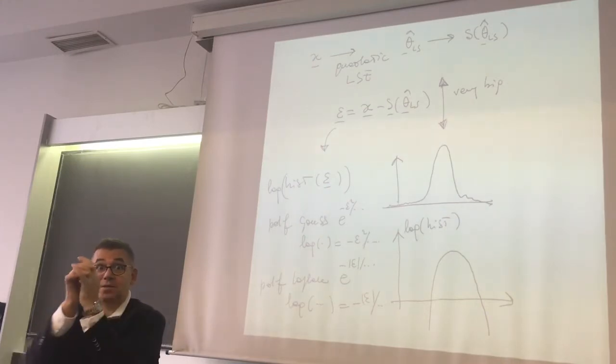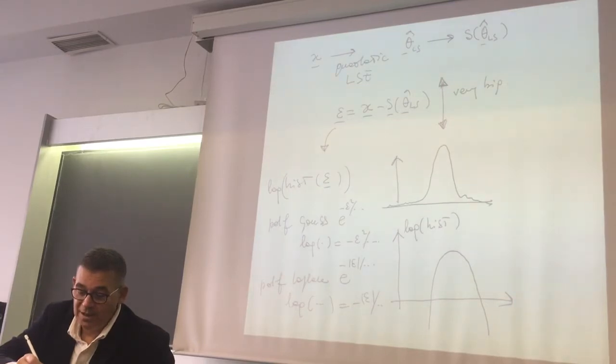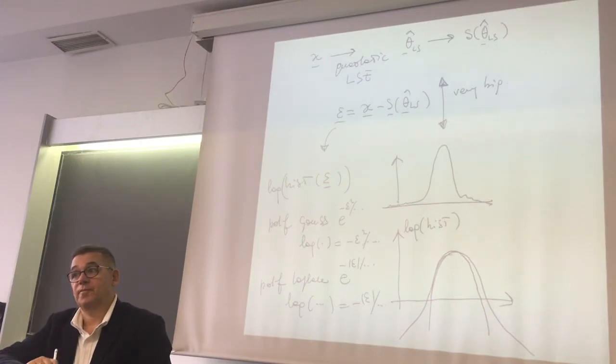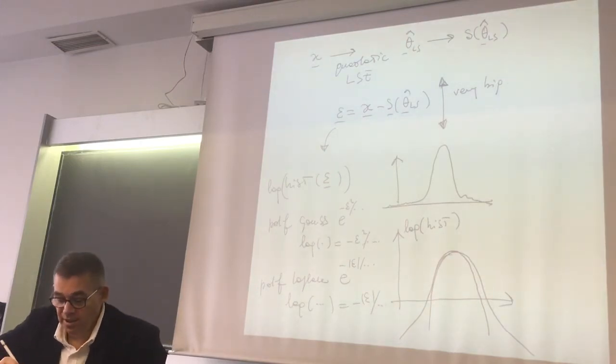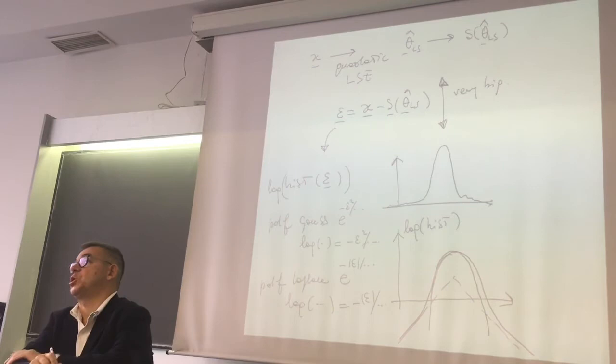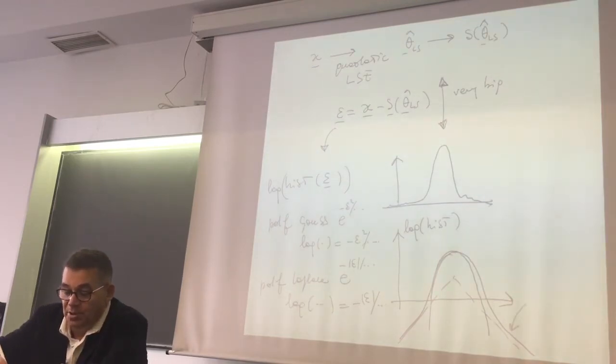But what if when I make this plot, I don't see a nice parabola, I see something like this. If I see something like this, that means that it starts to be linear here. That is the Laplace, which is dominating. So here, for large amplitude is Laplace, and for small amplitude is Gaussian.